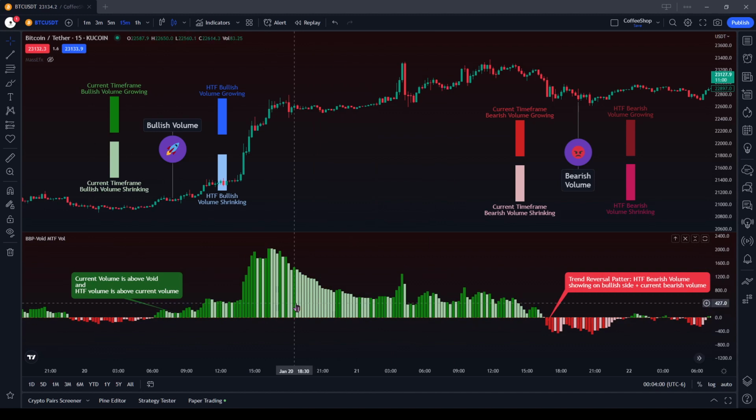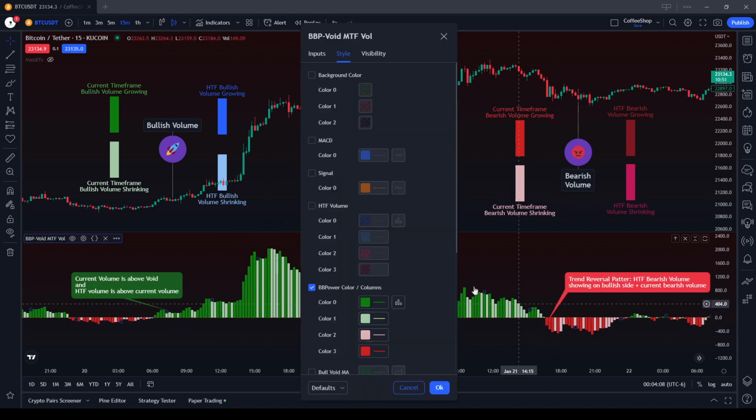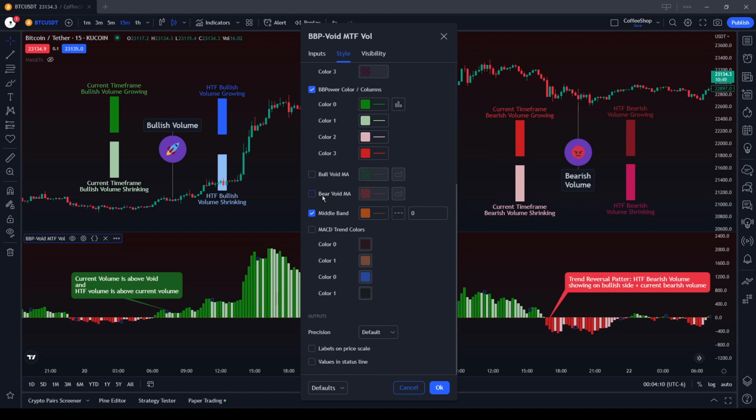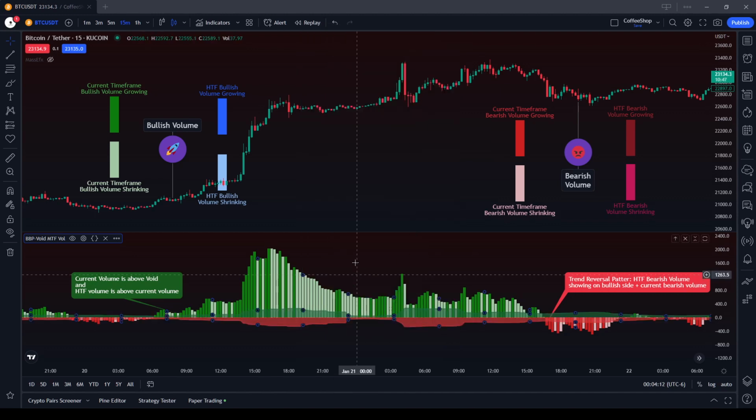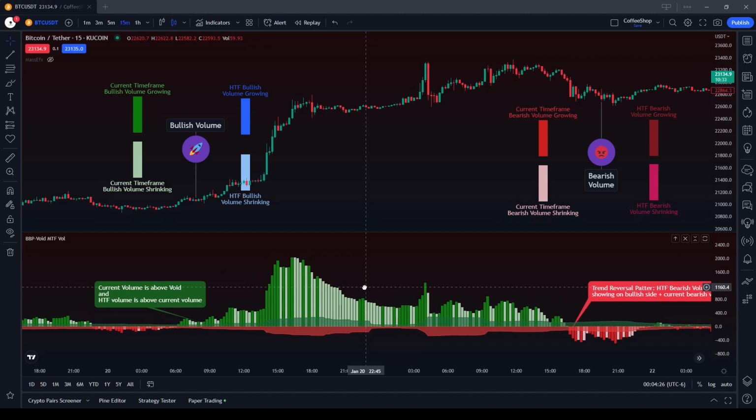There's a million oscillators for volume out there that tell you where the volume is, either on the bullish side or the bearish side. Well, I developed this and stuck these voids in here because it's showing you the actual average, which I'm going to recalculate. I think it needs to be better than this. And so this is showing you that you actually have enough volume to the upside or downside, right? But the problem was this is just not enough.